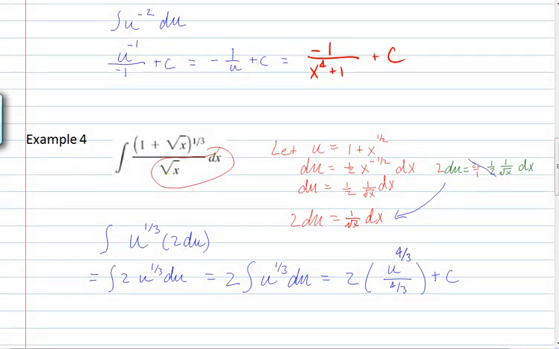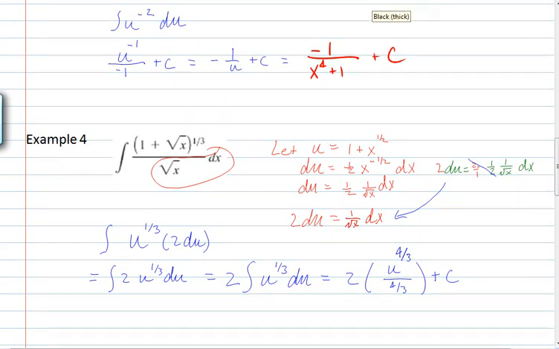You can do multiple substitutions, but keep track of your variables. Typically we go from a u to a v to a w, and you have to do all the back substitutions necessary to get back to where you want to be.